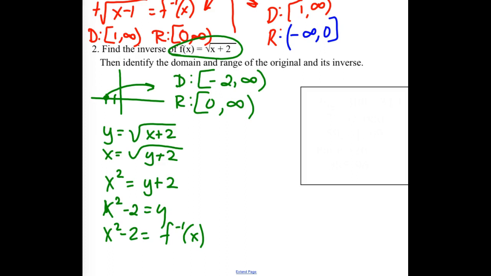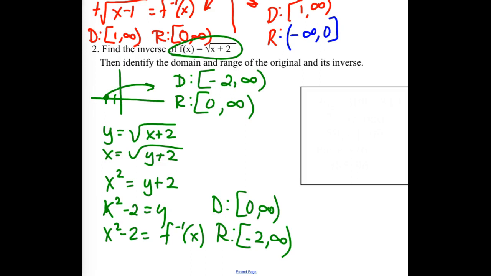That, if I just said graph x squared minus 2, is a parabola that's been shifted down 2, correct? But our domain and range are the reverse of the original domain and range. So my domain has to be 0 to infinity. My range has to be negative 2 to infinity. Okay?